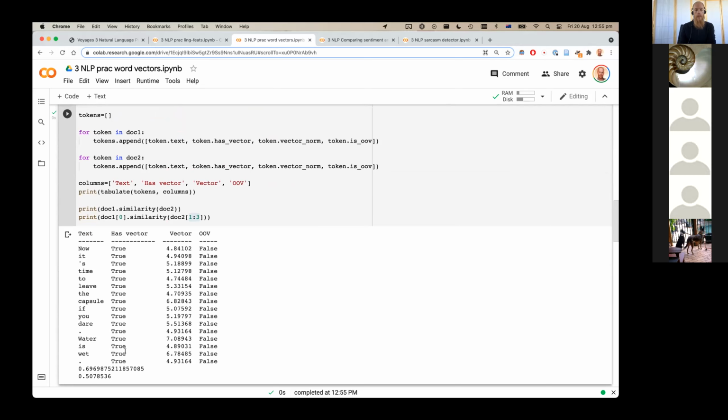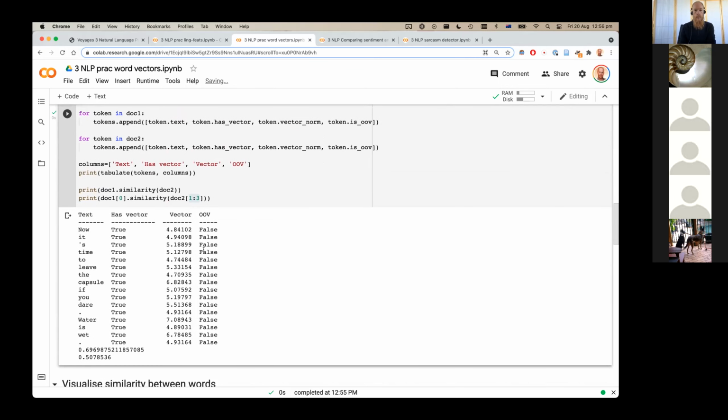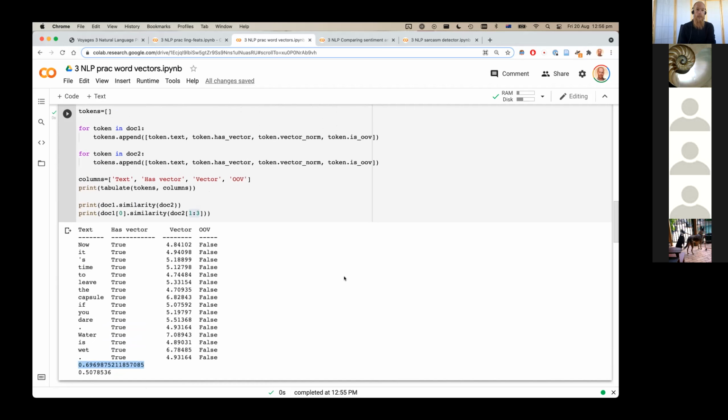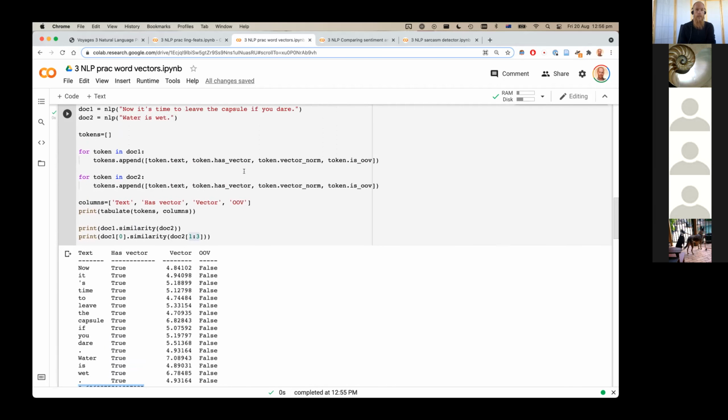All of the words have vector values, and then we can see what the vector is. And there's the OOV. So all of the words are covered in this data set. That's good. Our comparison of the two sentences is 0.69. So surprisingly, it evaluates those two sentences as being quite similar.